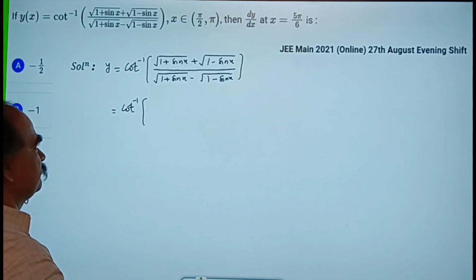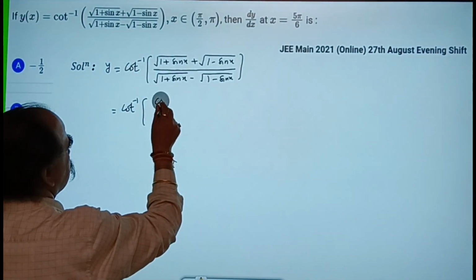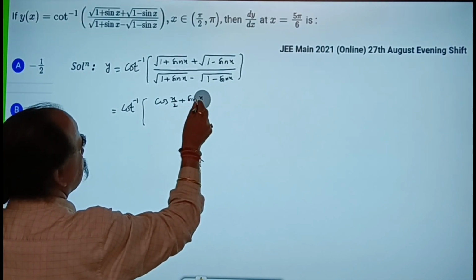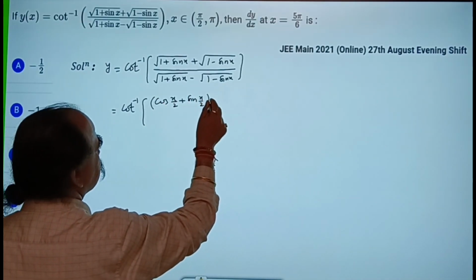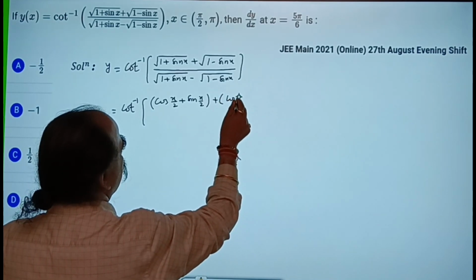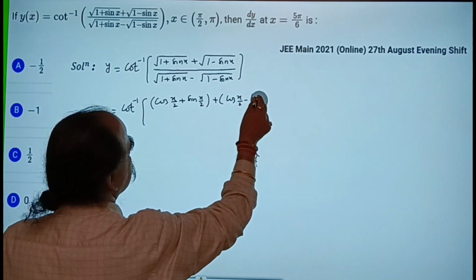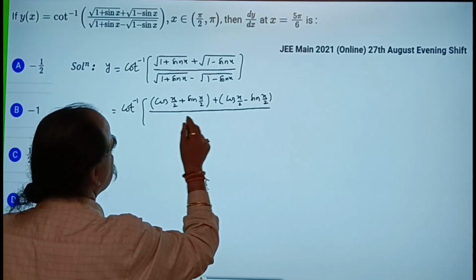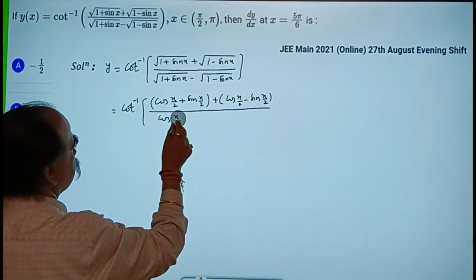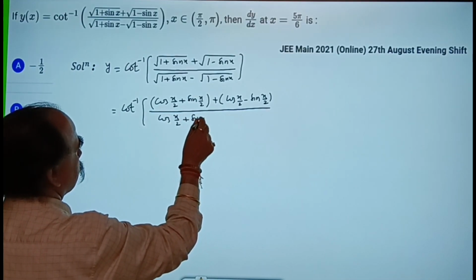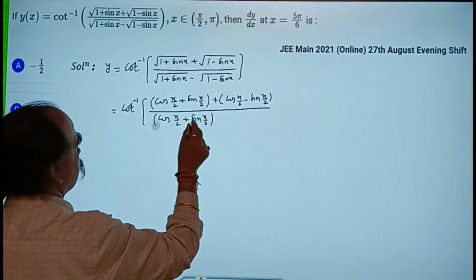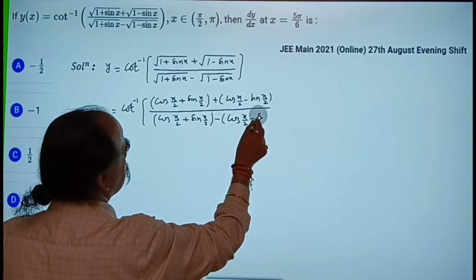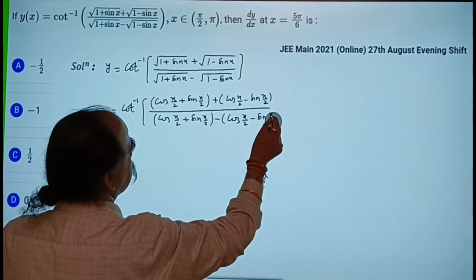Cos x by 2 plus sin x by 2, the whole square. So it will come outside: cos x by 2 plus sin x by 2 plus cos x by 2 minus sin x by 2, upon cos x by 2 plus sin x by 2 minus cos x by 2 minus sin x by 2.